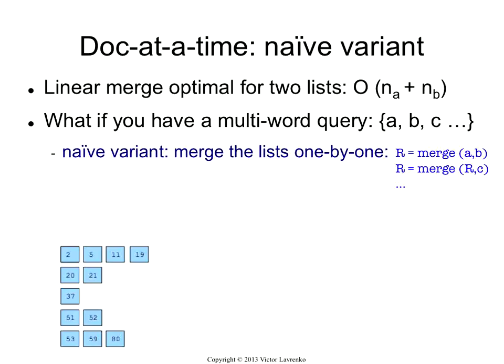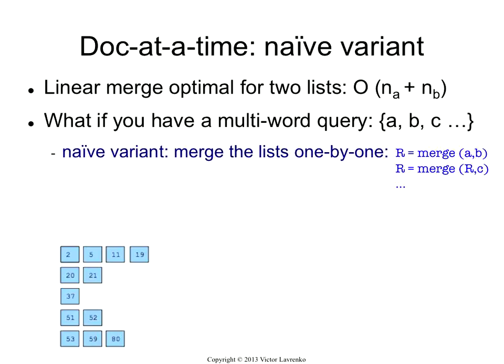That is the simplest way to do it. It basically just requires you to implement vanilla linear merge, and then you're all set. By the way, this is the one which you're expected to do in the coursework for task 3, I guess, the basic document-at-a-time thing.